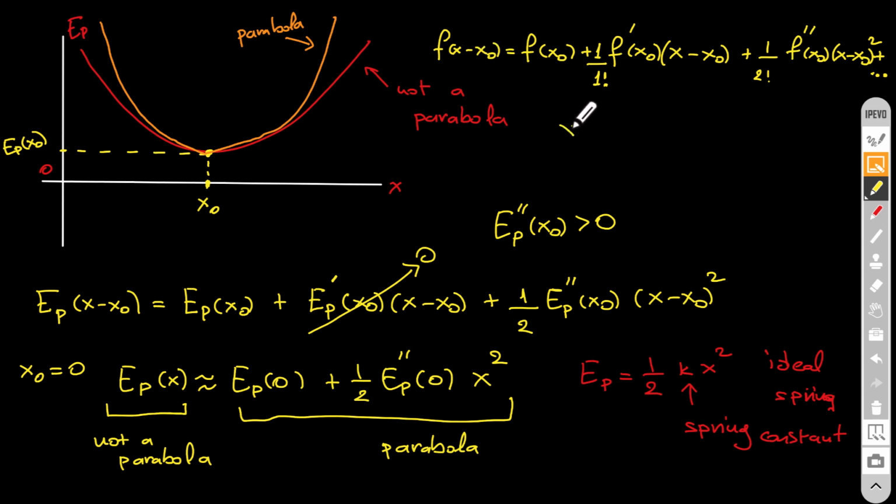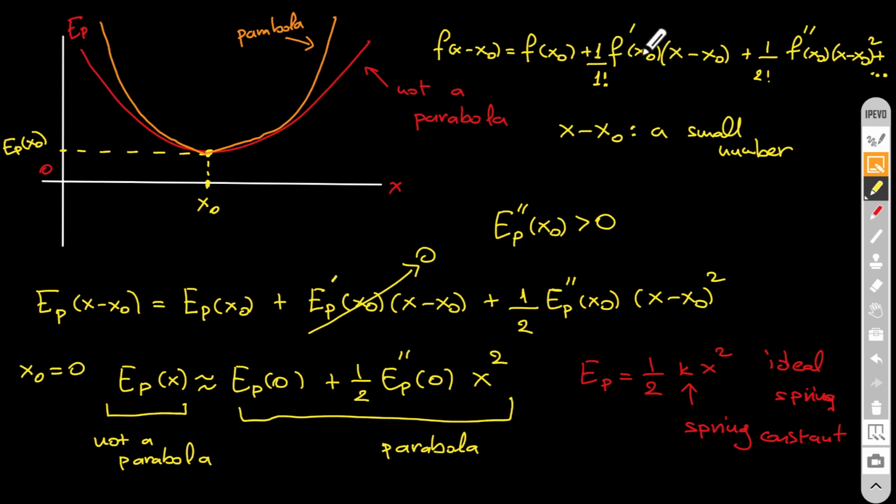So in this case x minus x naught will have to be a small number. When you do the Taylor series expansion, this expansion is valid only if you are very close to x naught. You have to remain very close to x naught.